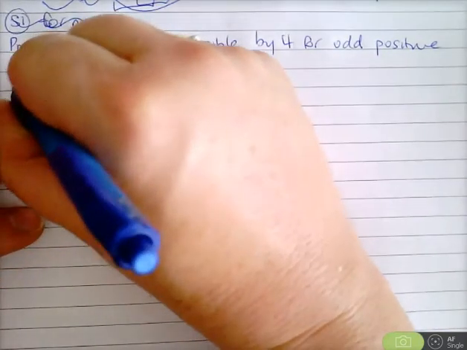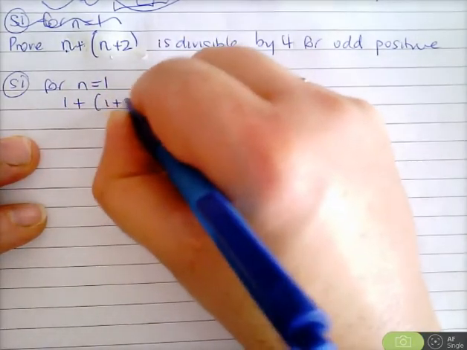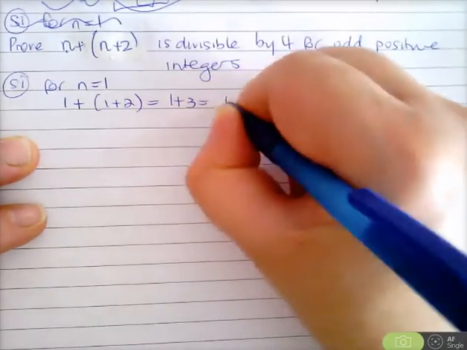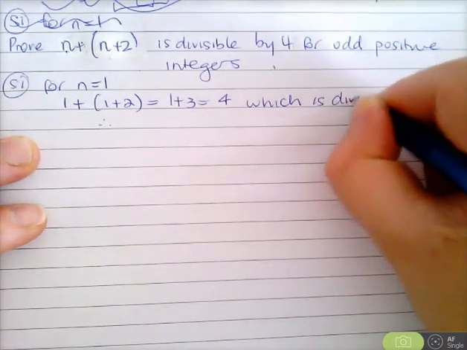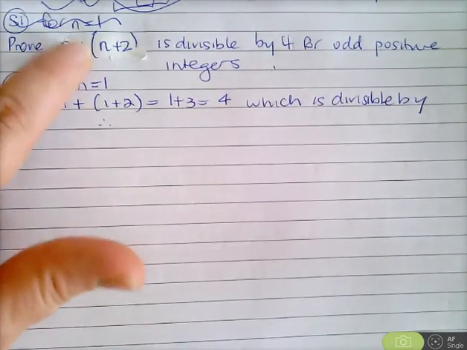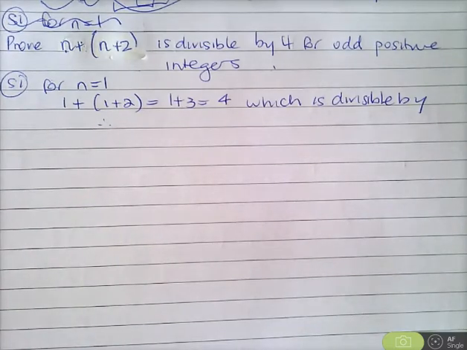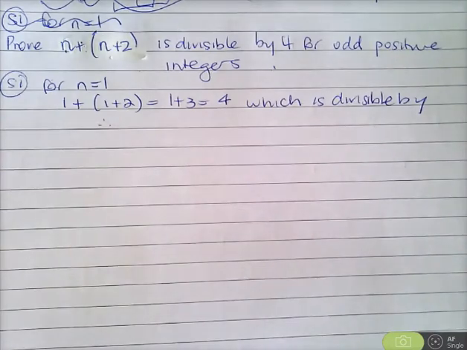So let's go, step 1. For n equals 1, we've got 1 plus 3 equals 4, which is divisible by 4. So what we're doing is really proving that n plus (n plus 2), which is 2n plus 2, is divisible by 4.